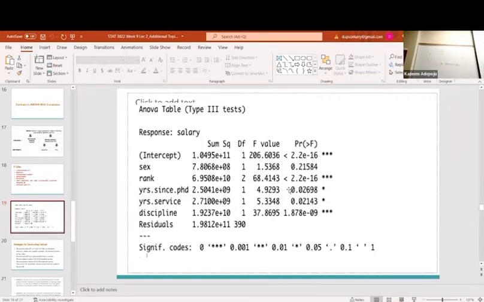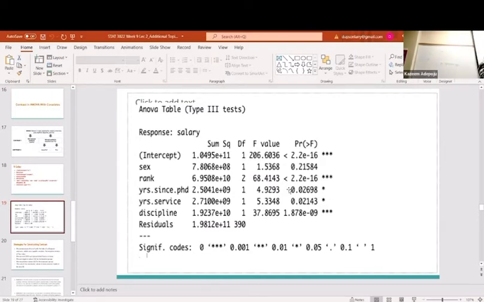The years in PhD is significant. The years in service is significant. Discipline is significant. You can see that the other covariates that we included are significant. And I told you the other time why you need to incorporate covariates that have potential effect on the response, because if you exclude them, that will undermine the performance of your model.